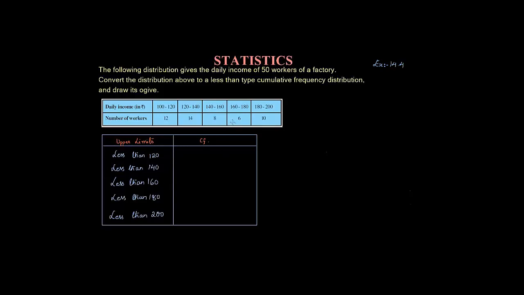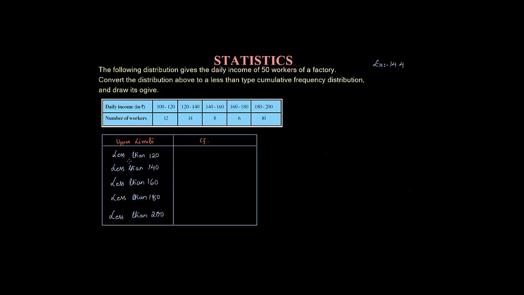There are a lot of different methods of representation, and OGIVE, that is less than and more than OGIVE, is one of them. Whenever they have given you a distribution like this, for drawing the less than type graph, you need to first convert that into upper limits, and for more than OGIVE, it is lower limit.